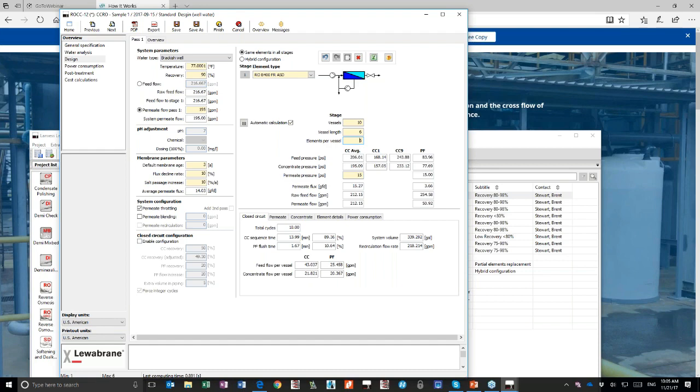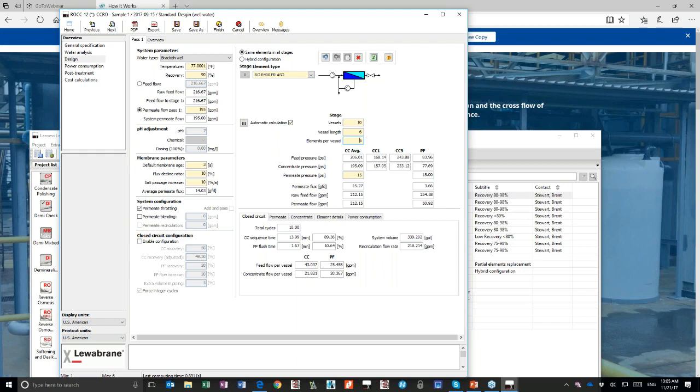The membrane algorithms that we are using are common between both the CCRO and the classic RO modules. So I don't know if there's anything that we're doing different other than modeling each process in its own unique way. So it may be referring to the design guidelines as well.